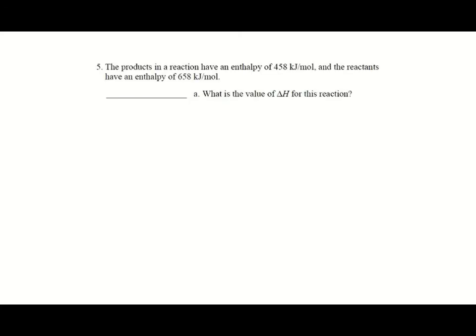We have a completion question here. The products of the reaction have an enthalpy of 458 kilojoule per mole, and the reactants have an enthalpy of 658 kilojoule per mole. What is the value of delta H for this reaction? So write the formula first. Delta H equals enthalpy of products minus enthalpy of reactants.